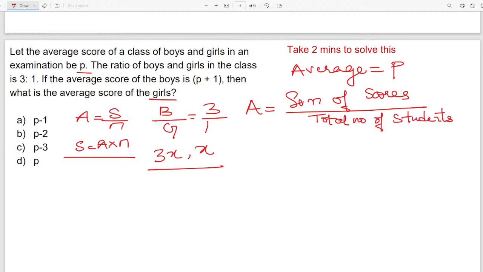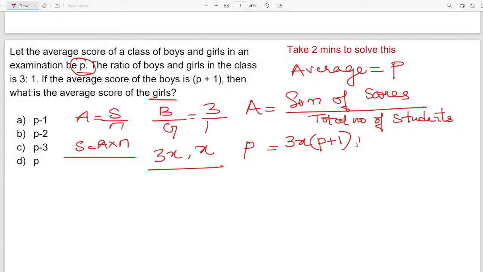To calculate the sum of the scores, we know that the number of boys is 3x, and the average score of the boys is p plus 1.